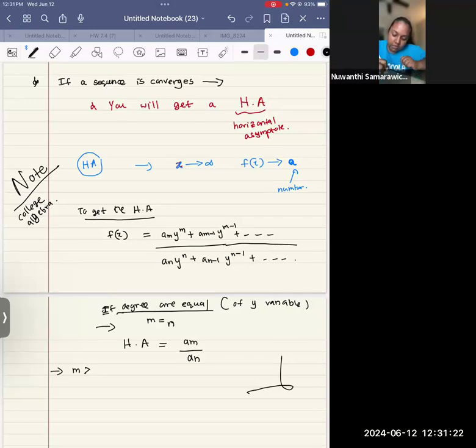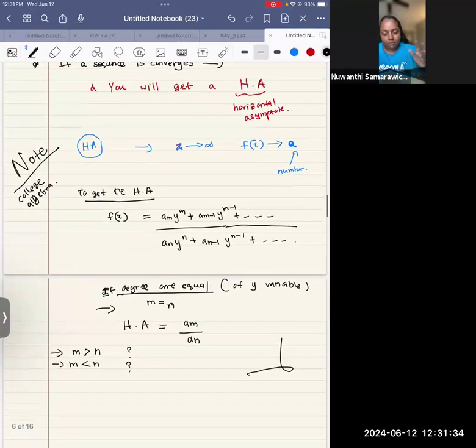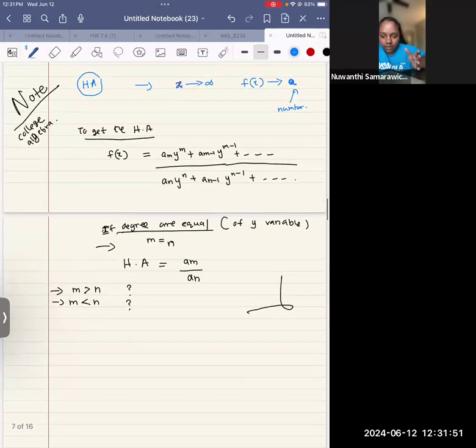So what happens if the degree m is greater than n? What is the horizontal asymptote? If the degree m is less than n, what is the horizontal asymptote? You can check. That's homework. You don't have to submit it, but just read how to find the horizontal asymptote, because sometimes questions will be easy if you draw the graph.